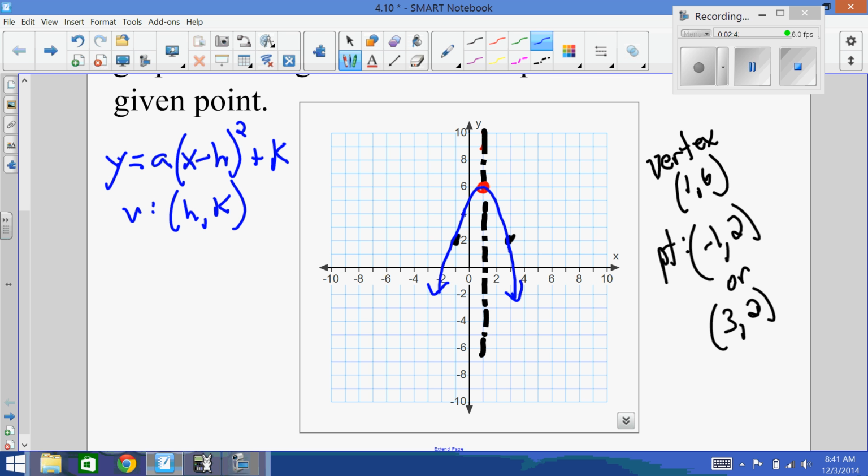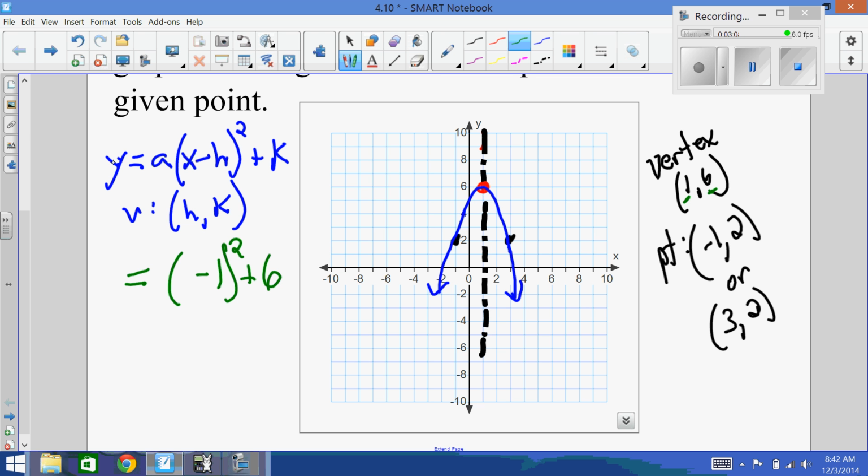All right? So we're going to plug in everything that we know. We're going to plug in our vertex. Well, we know our vertex is (1, 6), so h is 1, k is 6. So that means I can rewrite it as x minus 1 for h, quantity squared plus 6.